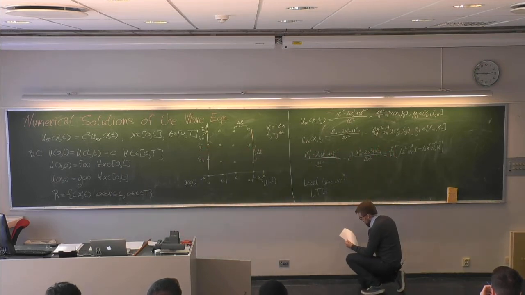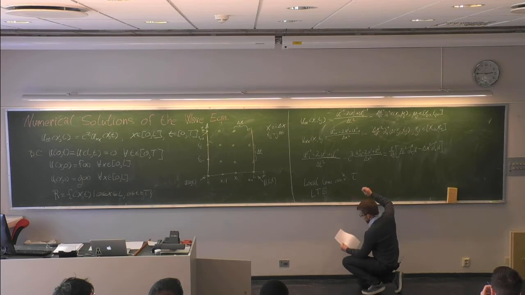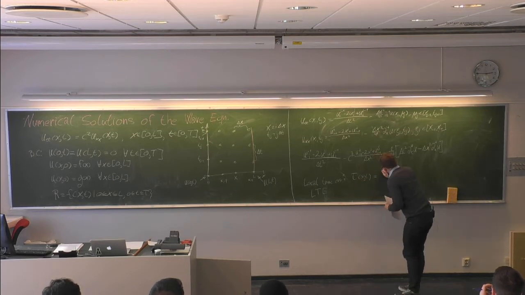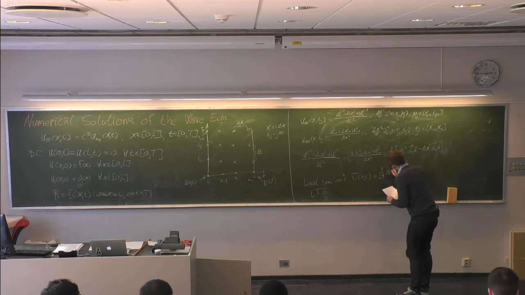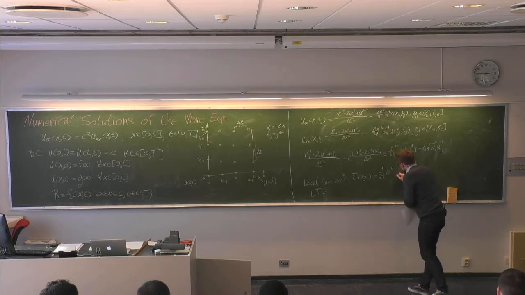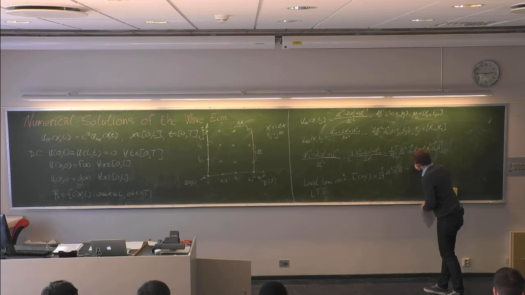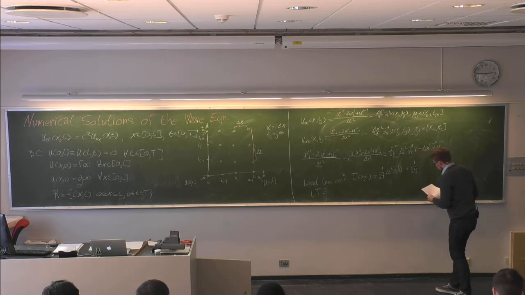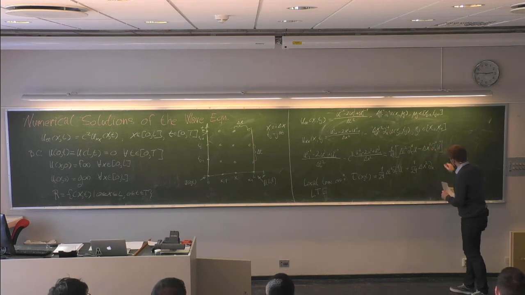Then I have to think about the local truncation error. I guess that's wrong as well. It equals 1 over 24 times delta t squared d_t^4 u minus c squared delta x squared d_x^4 u.